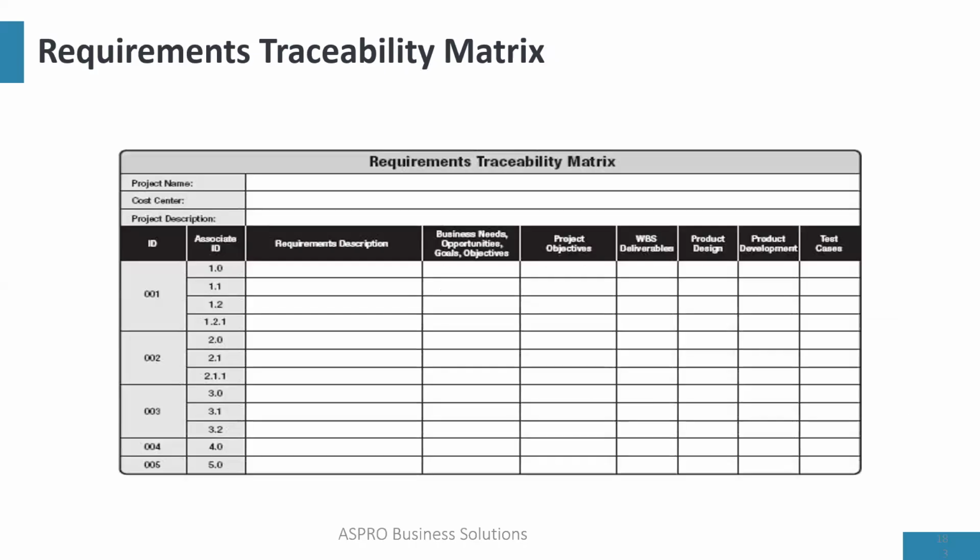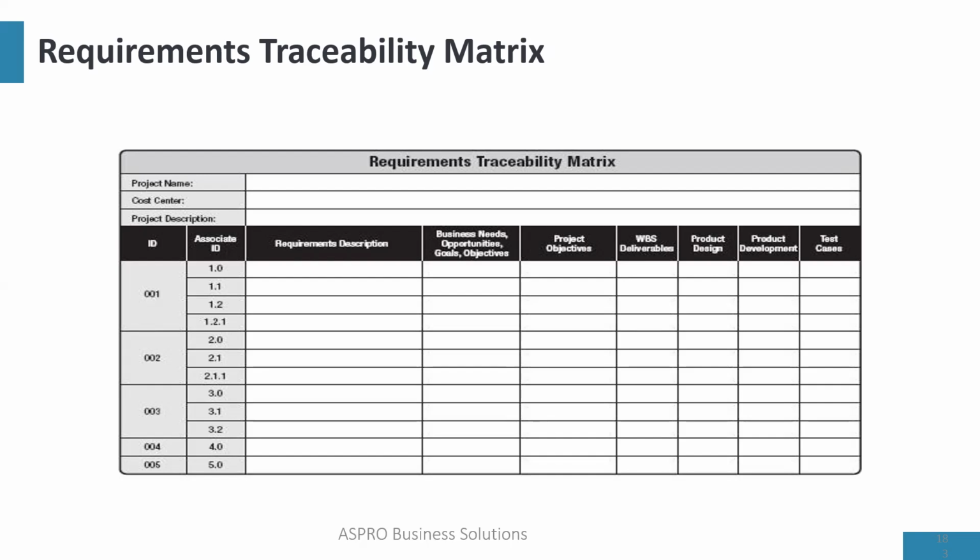Now, what's a requirements traceability matrix? I'll share two documents with us today: the scope management plan and the requirements management plan. The scope management plan talks about how to manage, more or less, the scope of the project, and the requirements management plan helps us to manage the requirements.